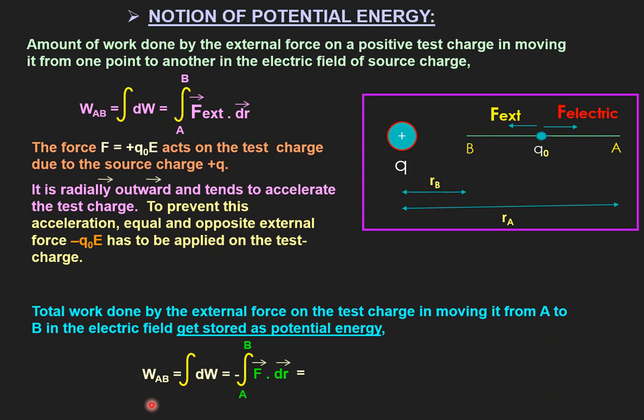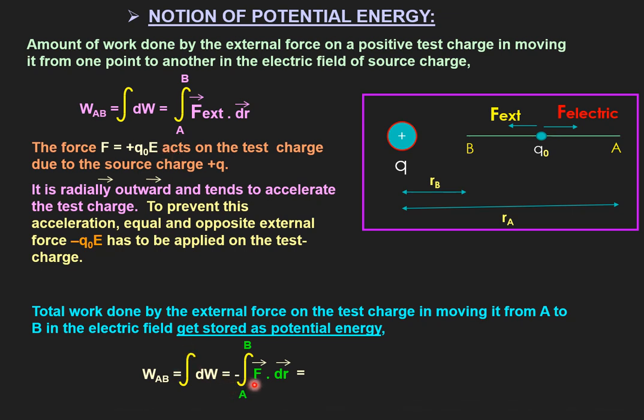So the work done will be equal to, now since this was the external force, but numerically we have an expression for the electric force from Coulomb's law, so it is better to express this external force in terms of the electric or Coulombic force. Since their directions are opposite, in place of F external I should write F electric, but with a minus.